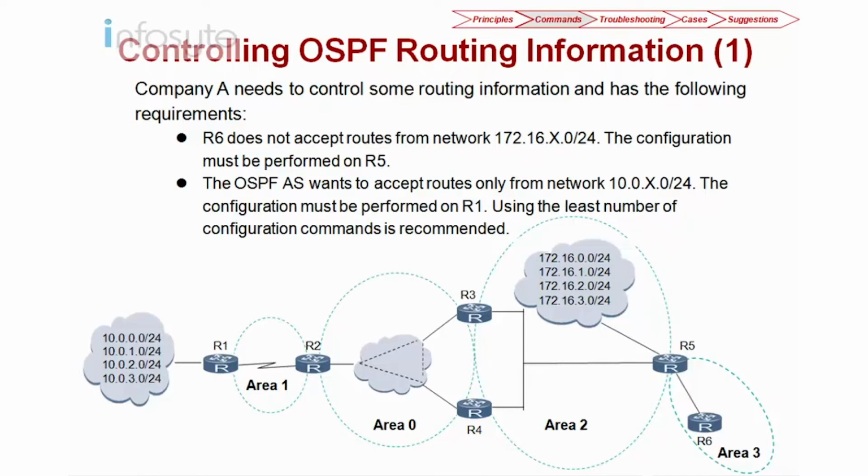So let's have a look. Over here right now, R6 is not able to go to this route. I need to filter it, but I can only configure on R5. And when R1 imports routes, I want the OSPF AS to accept only certain routes, not all the routes. Over here the question is not clear when compared to the result.